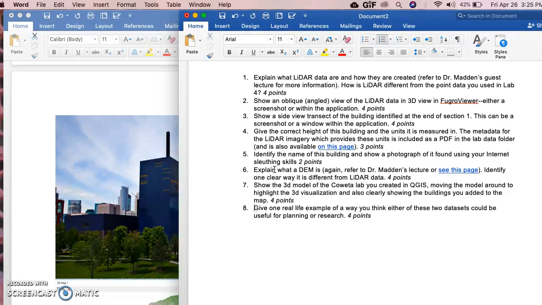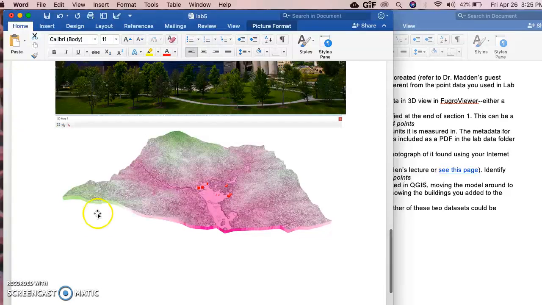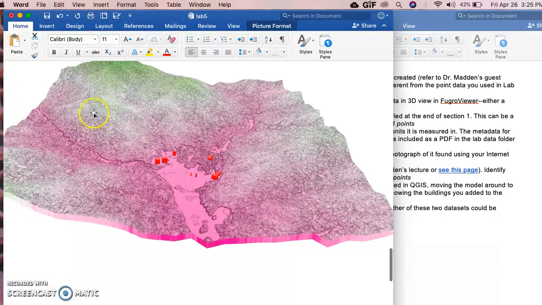Now show a 3D model of the lab that we created, of the buildings. So this is the model, and the red signifies the buildings right here, and you can see like the peaks and the valleys and like the water features.